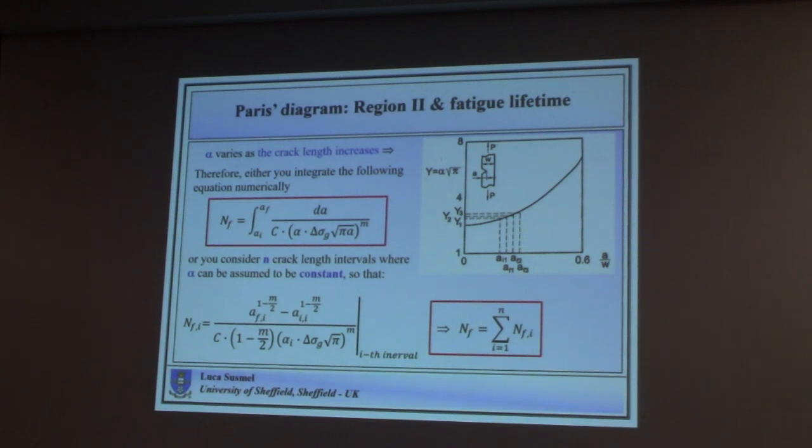But actually, nowadays, this is no longer an issue because we can easily integrate this equation numerically, taking into account the fact that alpha changes. But this is a very good way, if you are not already familiar with this equation, to play a little bit and get familiar with how things change in terms of shape factor, crack length, and the mutual interactions amongst the different variables.